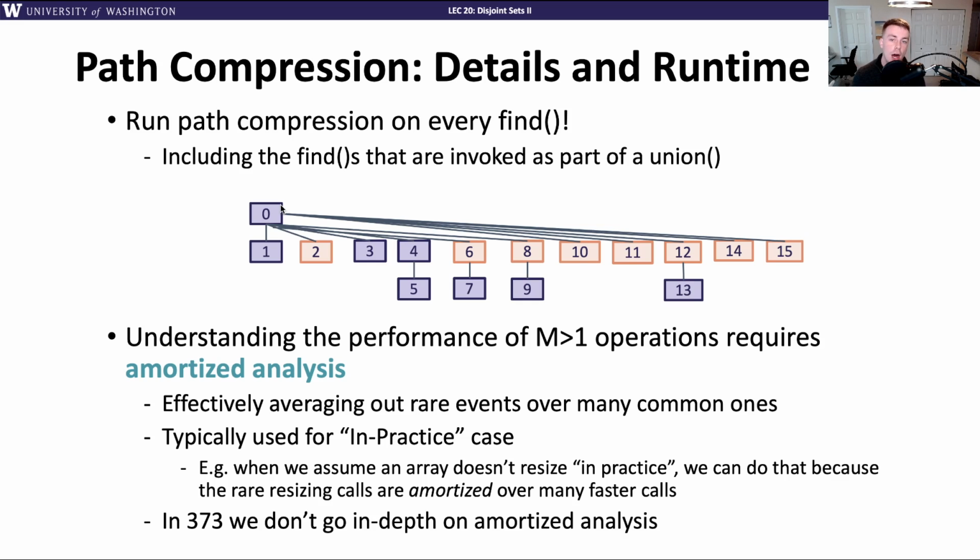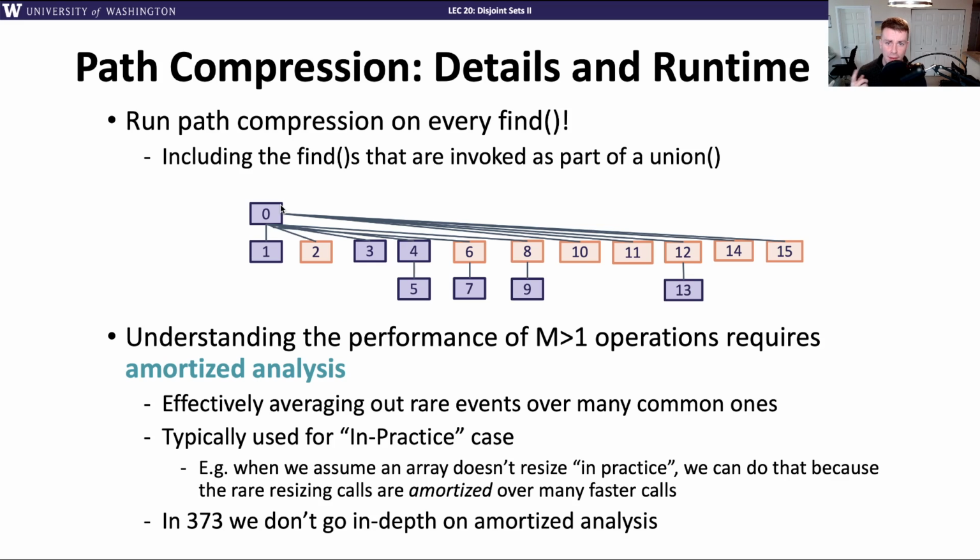Now, we're not going to talk too much about the details of amortized analysis. I'm going to hand wave this a bit, so we're not giving this a formal definition like we did with algorithmic analysis. But I do want you to know at least that the term comes up a lot when we talk about this in-practice case, having a few expensive operations compared to many, many cheap ones.